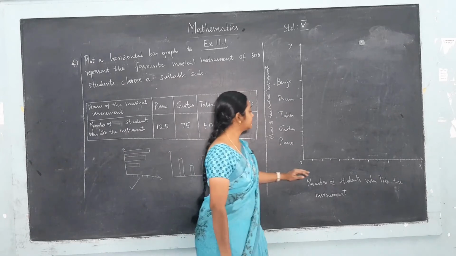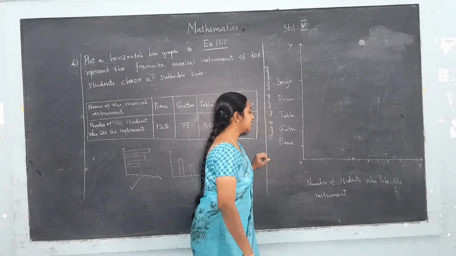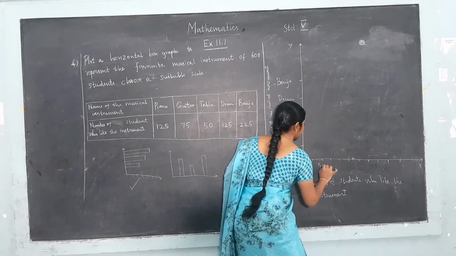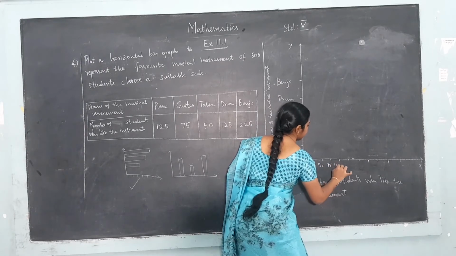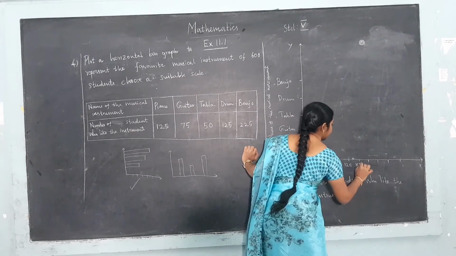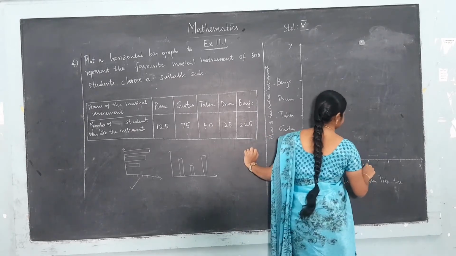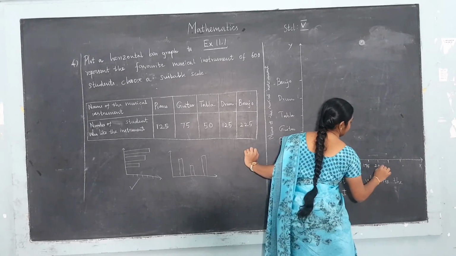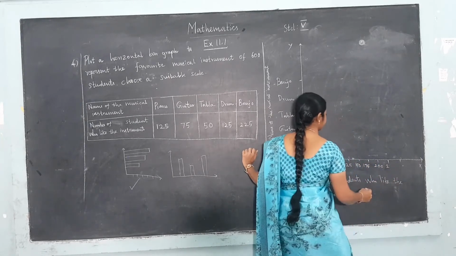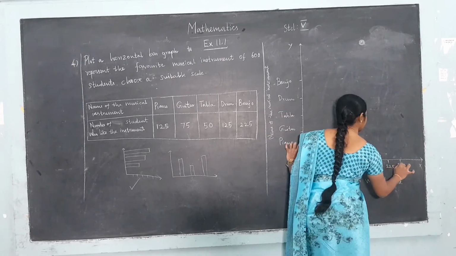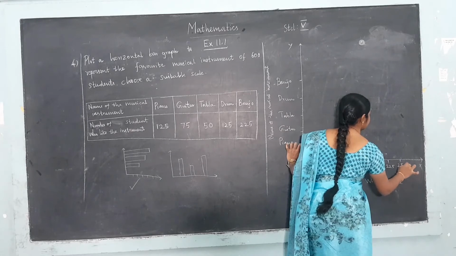So, I am going to fill x-axis with the numbers that are multiples of 25. 25, 50, 75, 100, 125, 150, 175, 200, 225, 250.